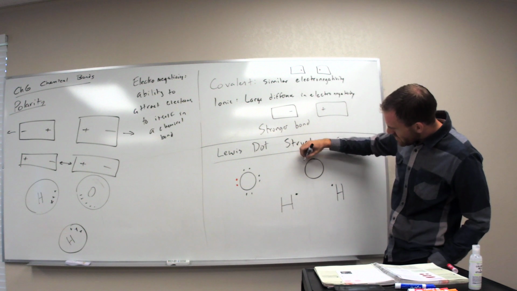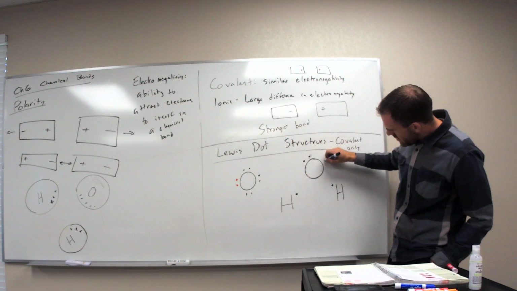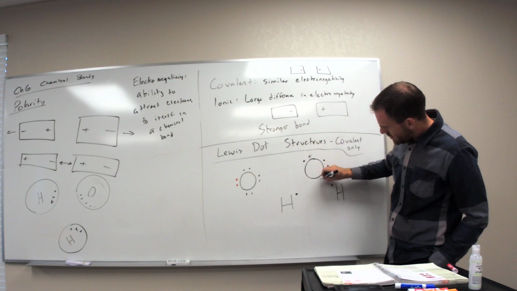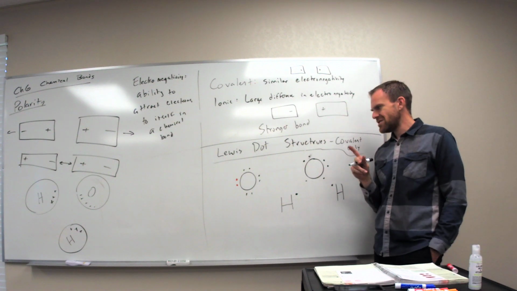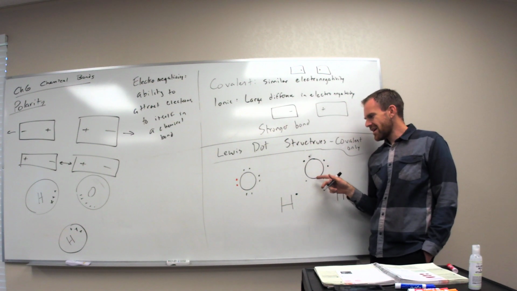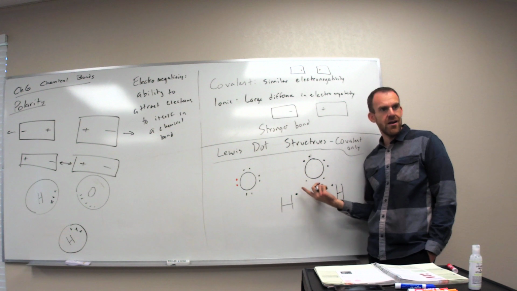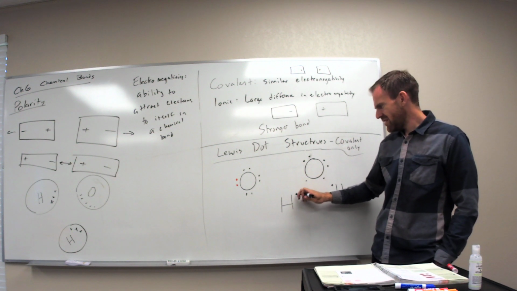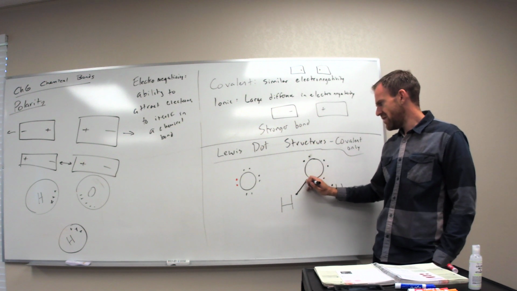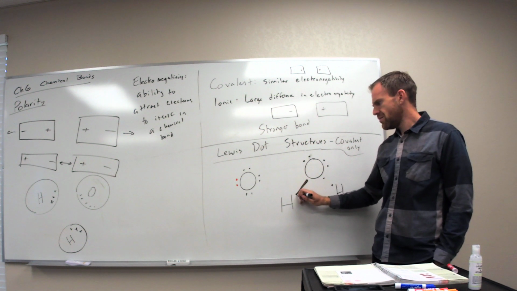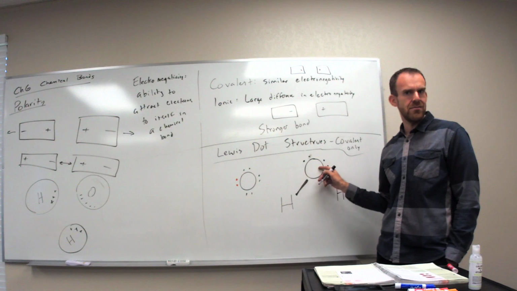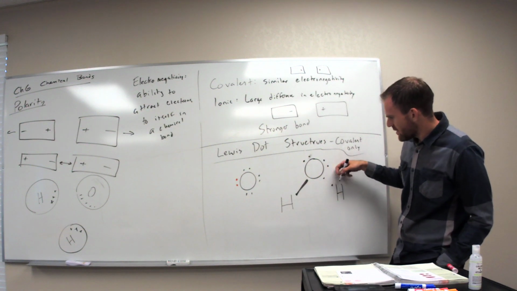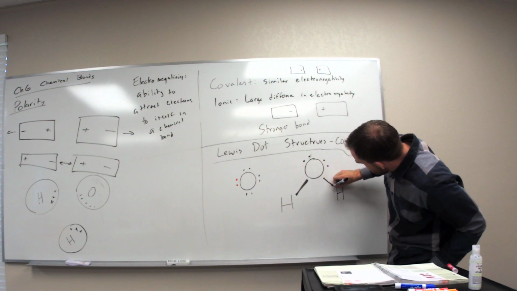The Lewis dot structure for water looks like this. Watch this. You'll notice that I broke up that last pair, and I'm going to make a bond between these 2 electrons. So now they're going to be shared between these 2 atoms. These 2 electrons are also going to be shared.